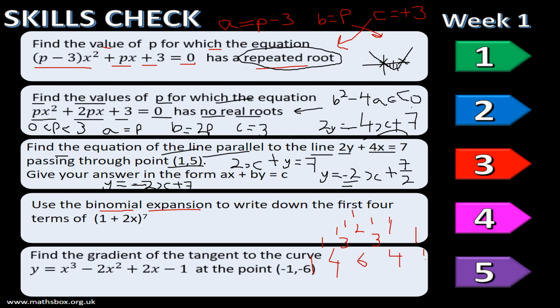Then 1, 5, 10, 10, 5, and 1. And we have 1, 2, 3, 4, 5, 6. Yep, this one's 7: 1, 6, 15, 20, 15, 6 and 1. And again, don't panic too much here.